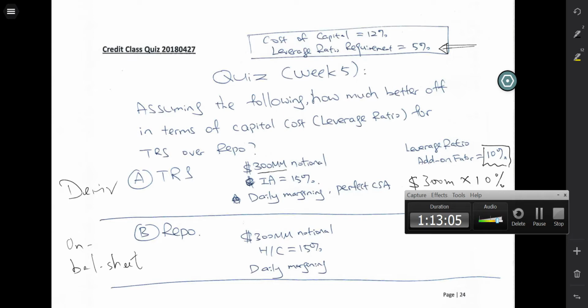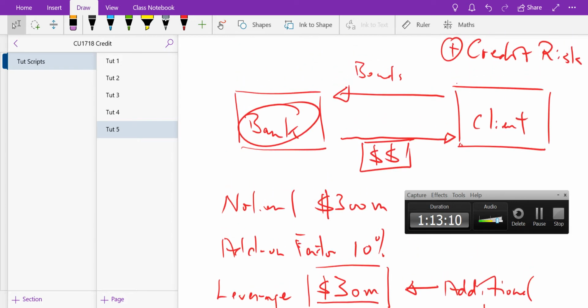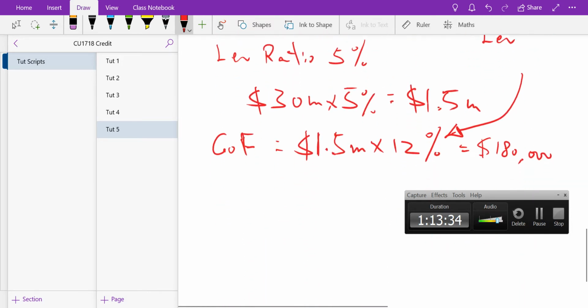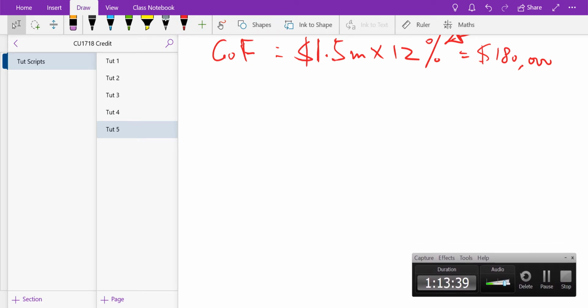From the bank's point of view, when they give you the bonds, you are going to give this client $300 million times 85%. Now you have to get that money from somewhere. In other words, you have to borrow that money from outside. That's going to impact your balance sheet. You meaning you are the bank.